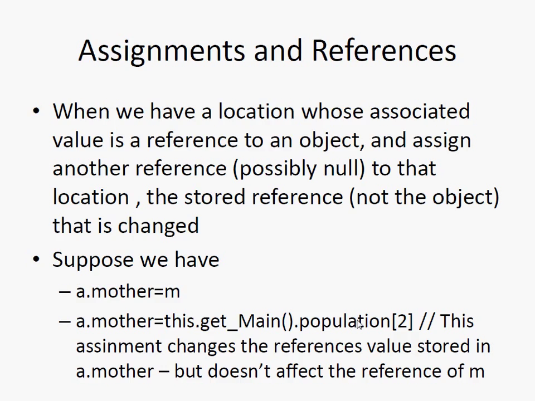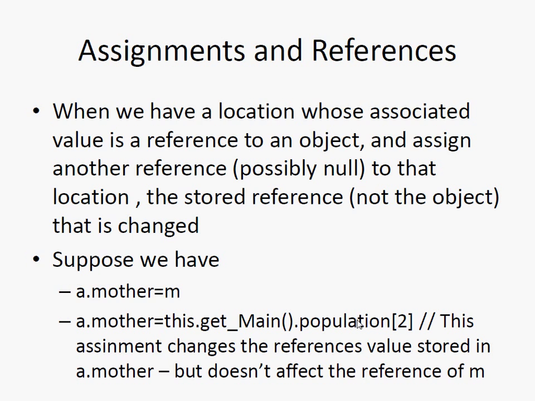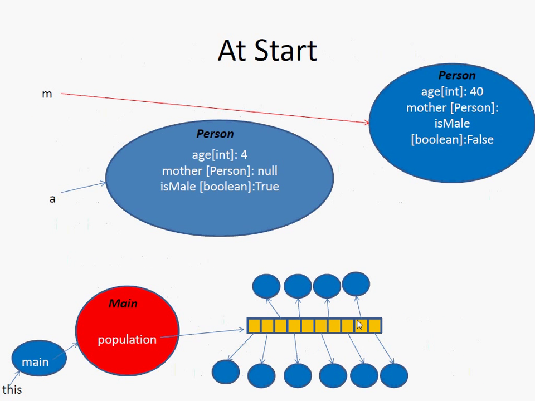For example, A refers to Iden, and we can set Iden's mother to be a particular person in the population. This is a reference to some particular person. Or we could set Iden's mother to equal the third person in the population. Well, let's be clear about what's being done here. So what's going on here? At the very start, we might have something like this. Here's Iden, a reference to Iden. Well, okay, his age is 4, which isn't so appropriate.